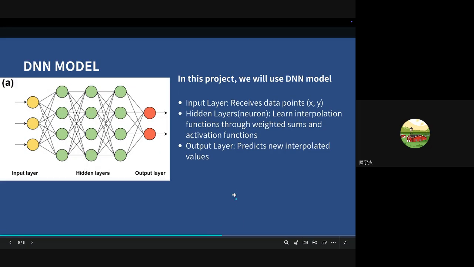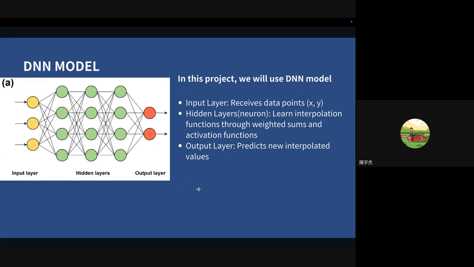And this is the simple DNN model structure, which we also use in this Python challenge. You can see the yellow points are the input layer, the green is the hidden layer, and the last is the output layer.